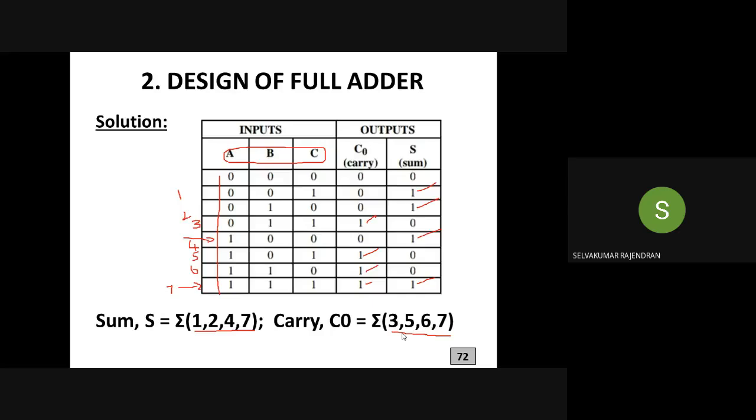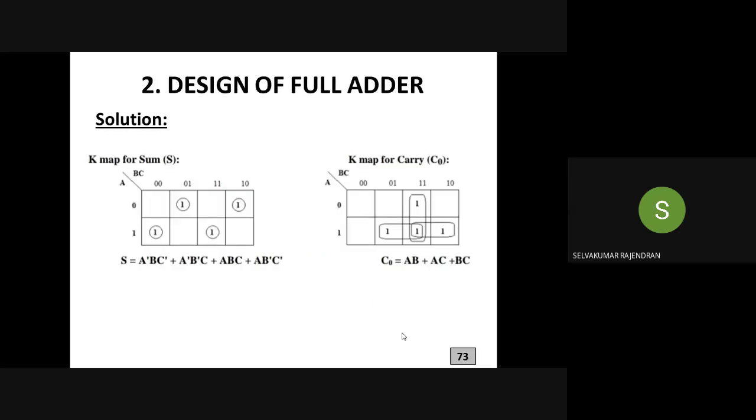Based on these 2 outputs, you can draw the K-map for each output. Then you can simplify each output Boolean expression. After performing simplification using K-map, you will get the result like this.